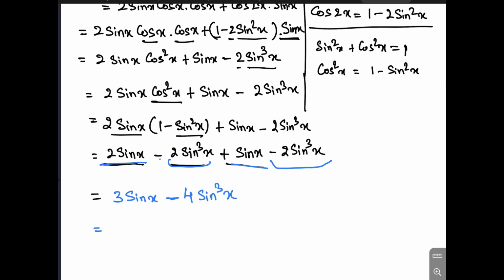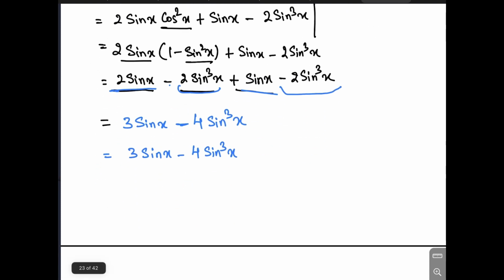So finally we got 3 sin x minus 4 sin cube x. So we can say LHS equals RHS. Hence proved.